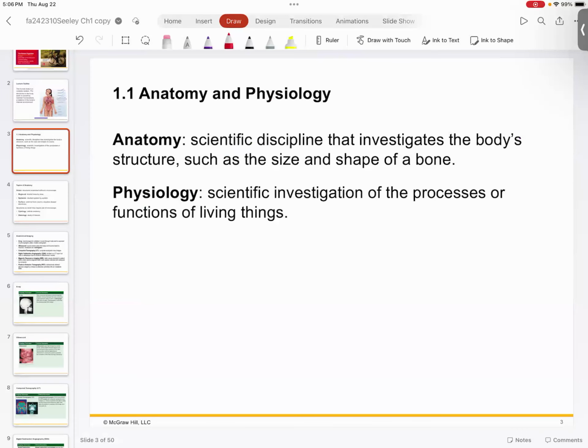Now, when we take a look at anatomy and physiology, the first thing we want to do is break it down a little bit in terms of what we're talking about functionally and definitionally. Anatomy is essentially the study of structure: the body's structure, size, shape, organization, things of that nature.